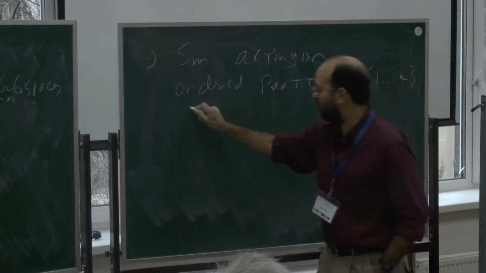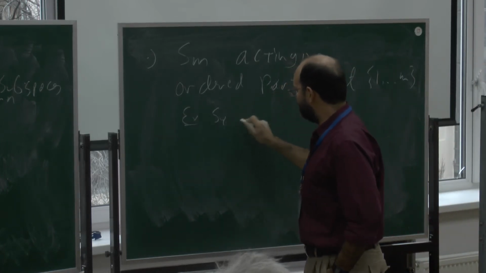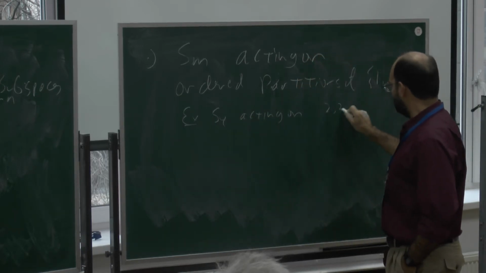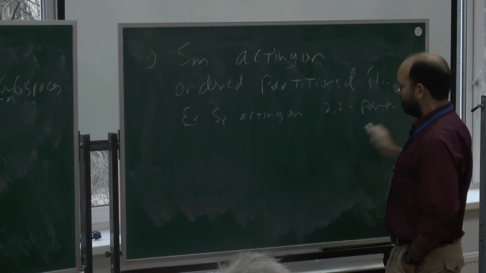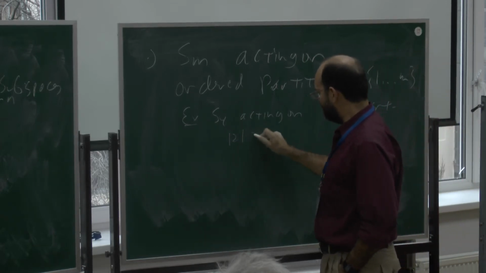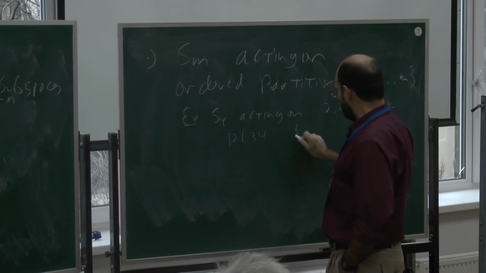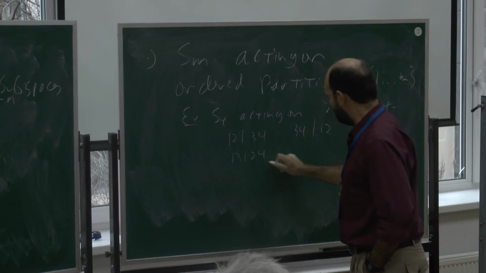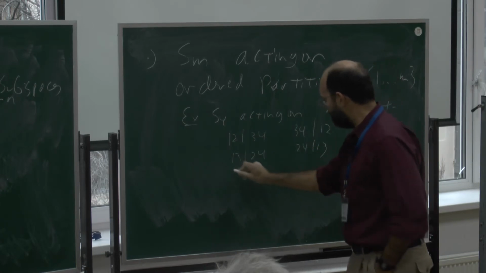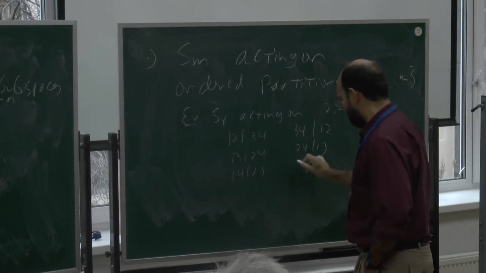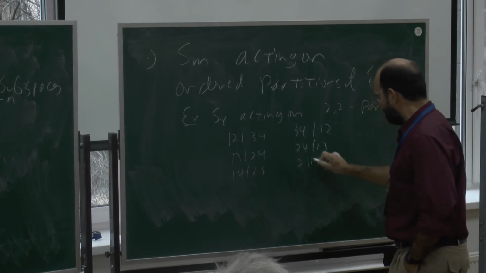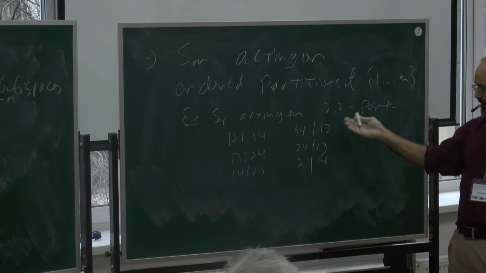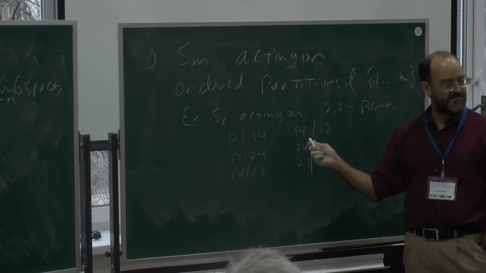So, for example, S4 acting on, say, two-part partitions, what I mean is 1, 2, 3, 4. So the straight line is the partition: 1 3 | 2 4, 2 4 | 1 3, 1 4 | 2 3, 2 3 | 1 4. So there are 6 ordered partitions of 4 into 2 parts, and S4 acts on these.